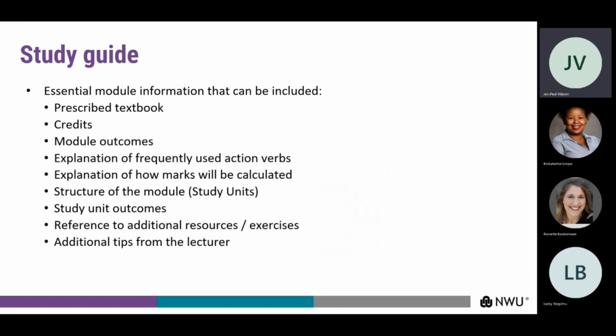Additional references, reading material, and exercises for each study unit, and any additional tips from the lecturer can also be found in your study guide. If there is any aspect of your study guide that you do not understand or want to clarify, please ask your lecturer. This brings us to learning outcomes.